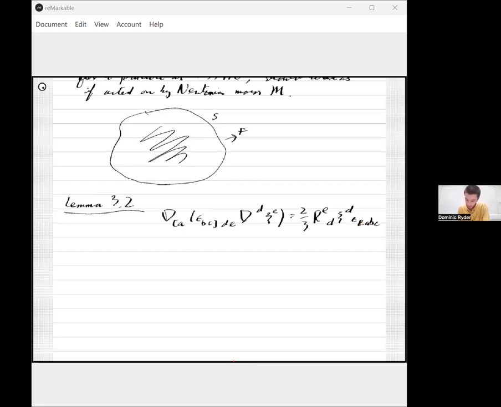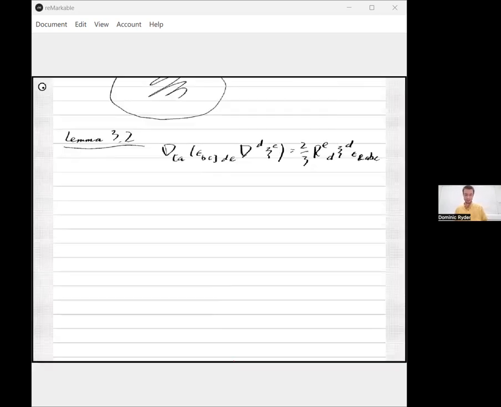I mean, we're already feeling better because we've written down the Ricci tensor. So the Einstein equation is going to be getting involved somewhere, which is a good sign.